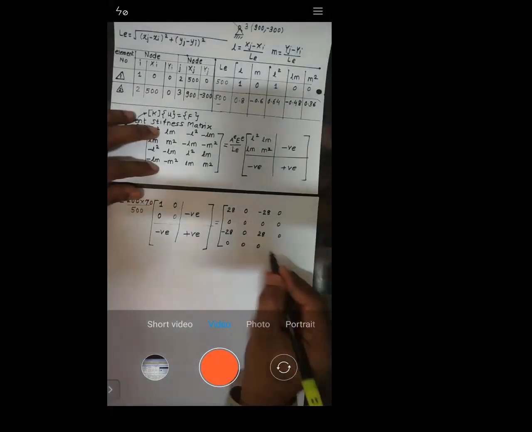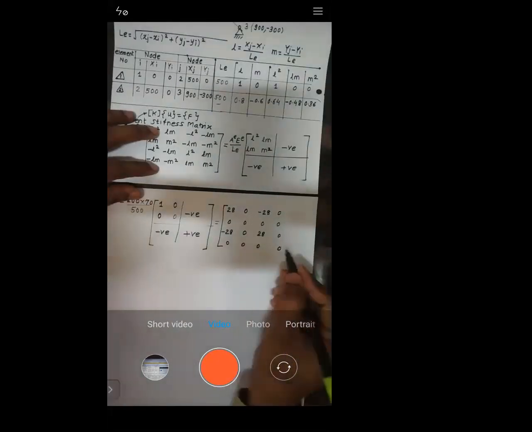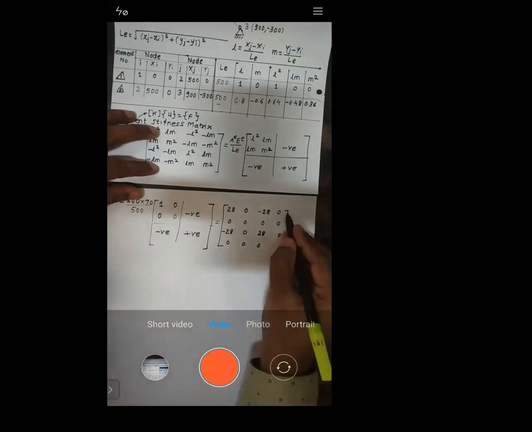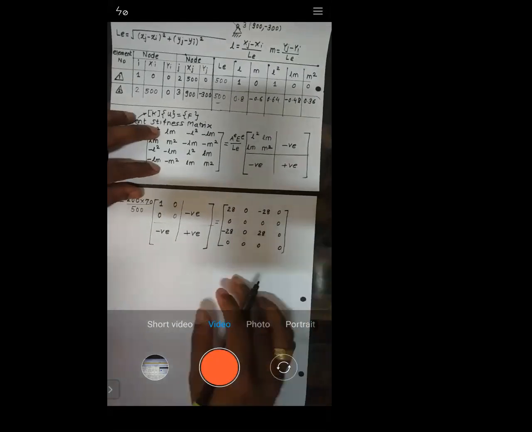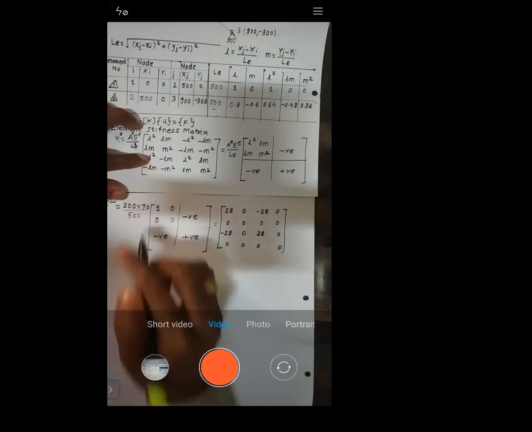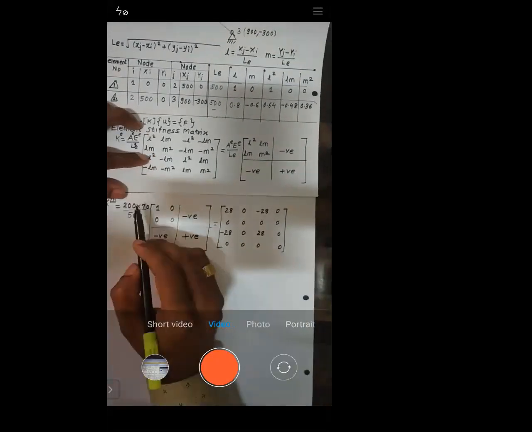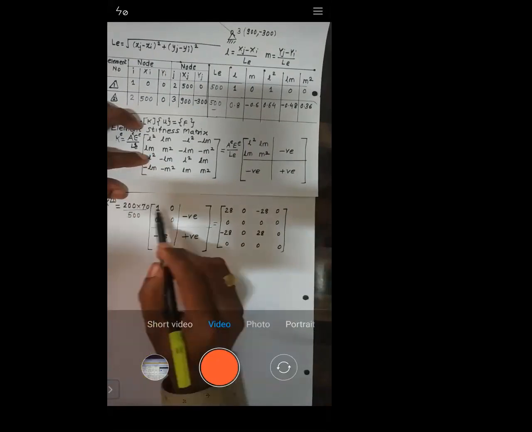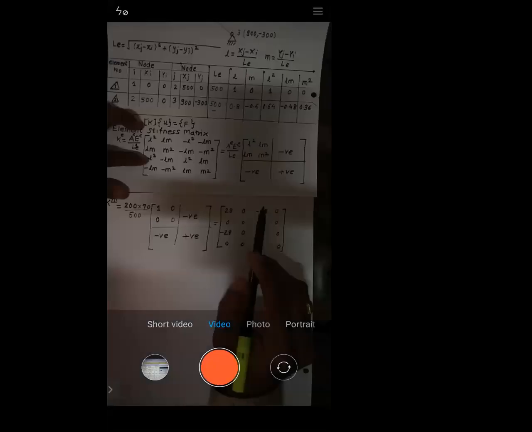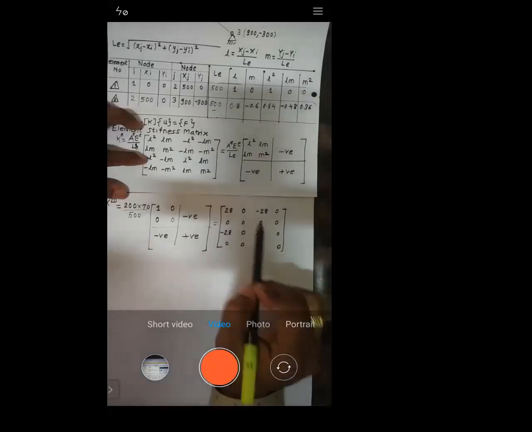These three elements are 0, and 28 into 1 is 28. Is it okay? Yes or no?